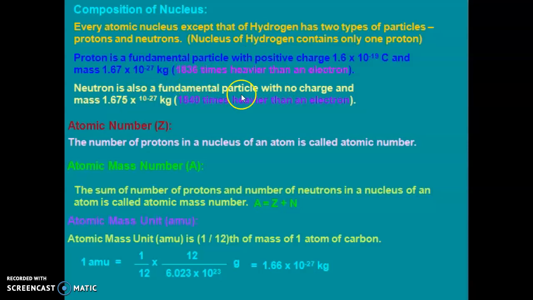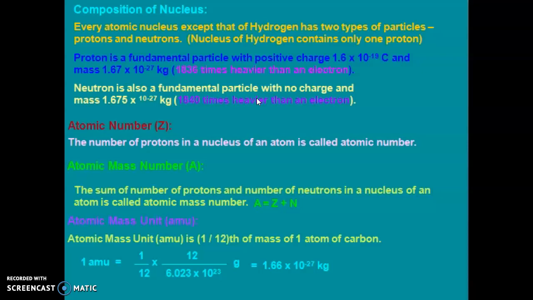Similarly, neutron is a fundamental particle which is neutral, with the mass 1.675 into 10 raised to power minus 27 kg. It is approximately 1840 times heavier than an electron.